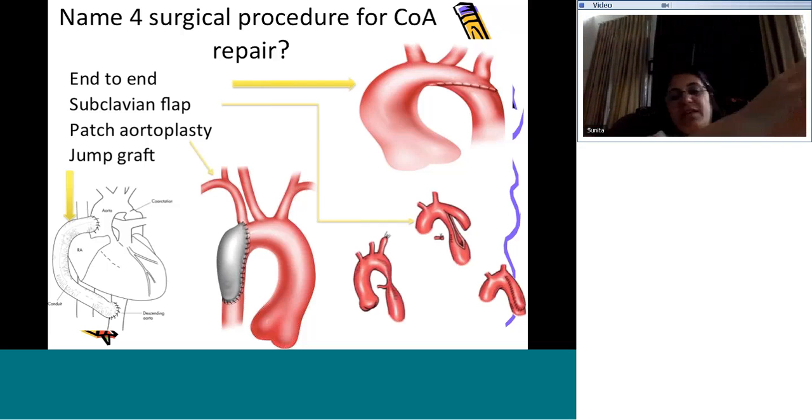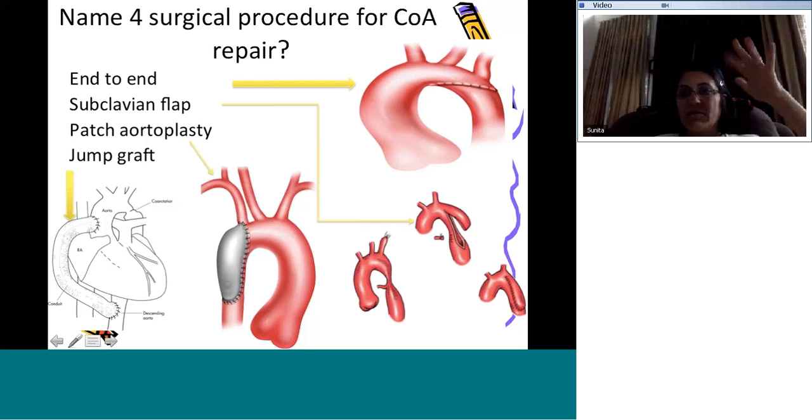So think about it. You're taking the subclavian artery, right? It supplies the whole left arm. You're taking that subclavian artery, you're turning it down to repair your coarctation. So what happens to the blood supply to the arm? There's no subclavian artery left for your arm. So if you take down the subclavian artery in an older child or a teenager or an adult, what will happen to that arm?